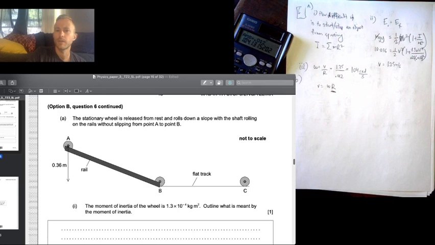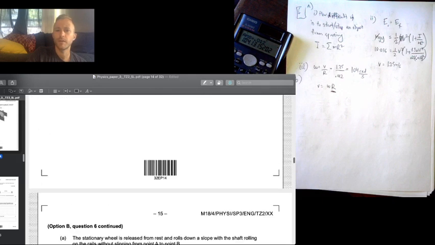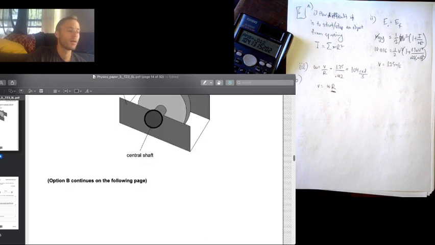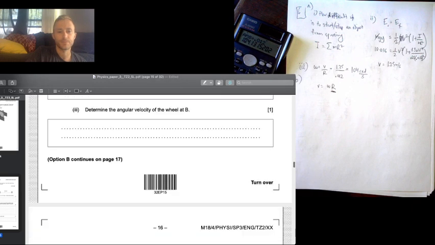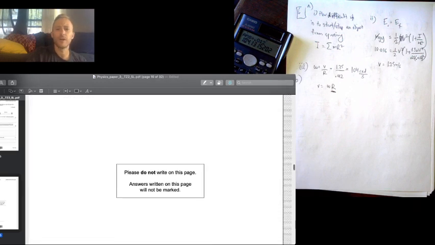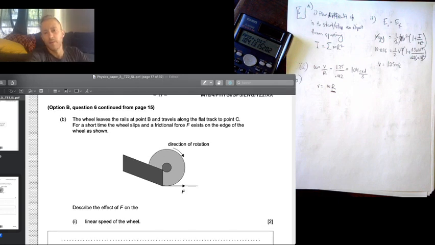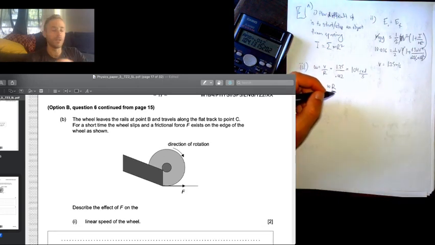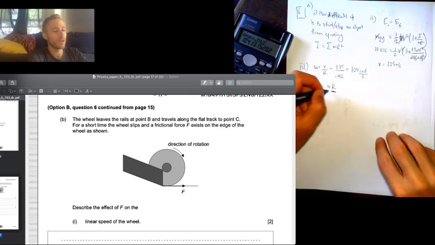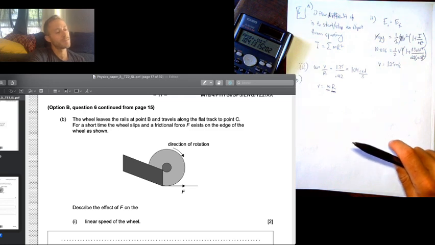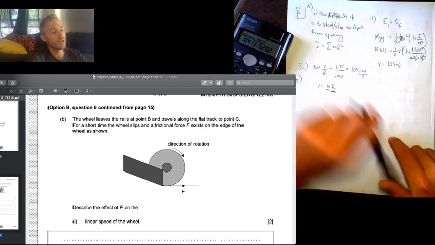Let's see, where does it say? The radius went from 1.2 centimeters to 4 centimeters. So r went up. If r goes up when it leaves the rails, it's still spinning at the same rate. So omega is going to stay the same, but then the radius all of a sudden jumps up.